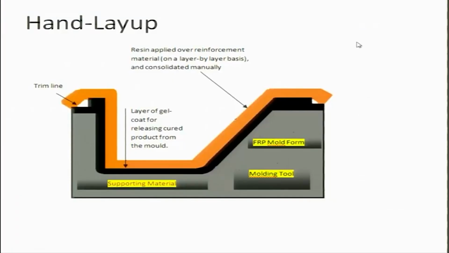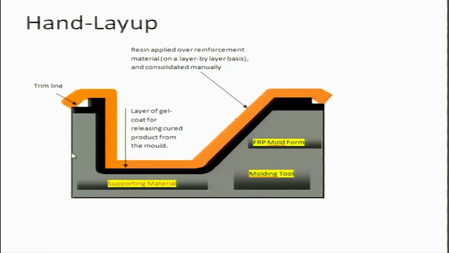So this picture is about the hand layup process, okay. So what do we see here? So here we have a mold, and suppose you want to make the material which is indicated in dark black, this is the shape we want to produce. So first we make a mold.